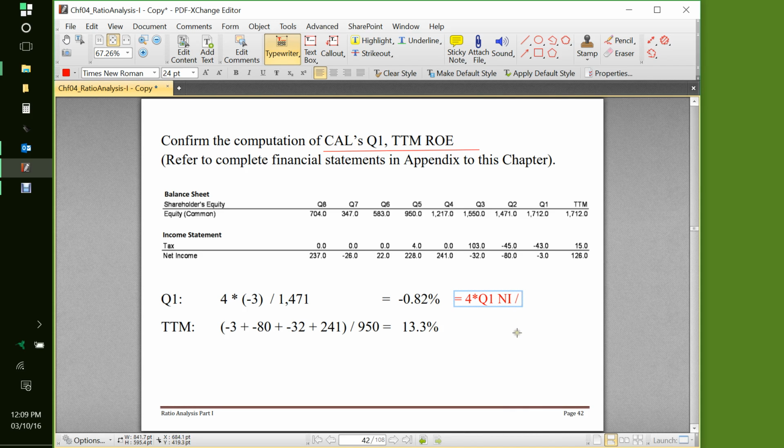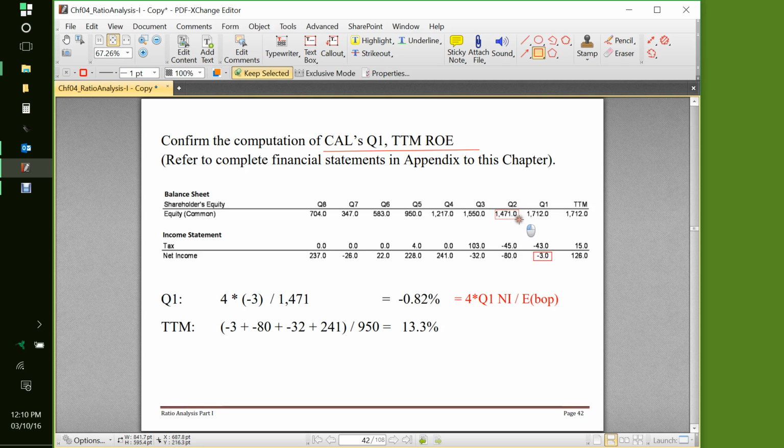And then I divide by the equity at the beginning of the quarter, equity BOP. All right, so let's see if I did it right here. I have the net income for Q1 for the company here, and that's going to be my numerator. And then I need, what's the equity at the beginning of the quarter?